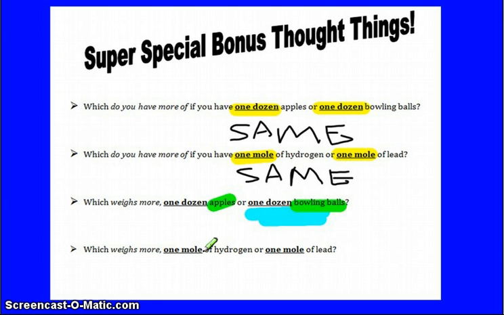Hydrogen is the lightest element in the universe. Each atom of lead is much heavier. So when you put 6.02 times 10 to the 23rd lead atoms together, they're going to weigh more than 6.02 times 10 to the 23rd hydrogen atoms. So the 1 mole of lead weighs more.